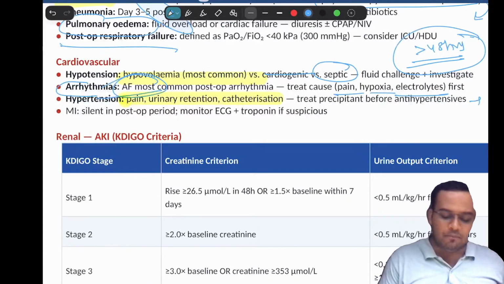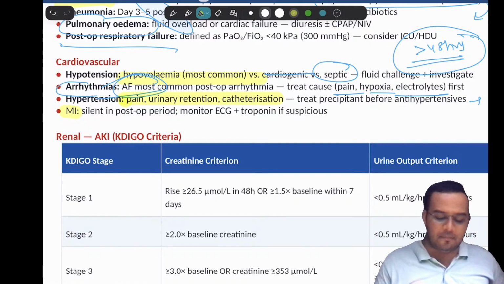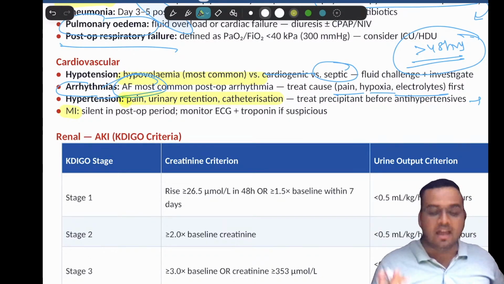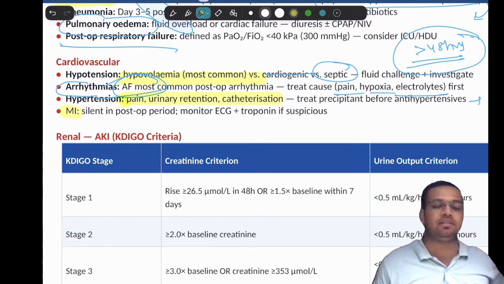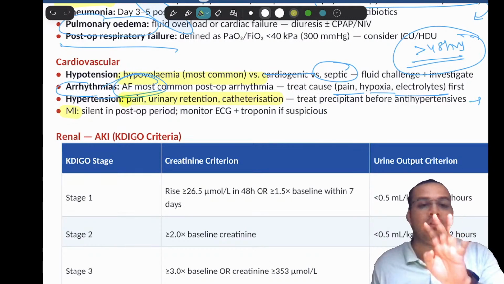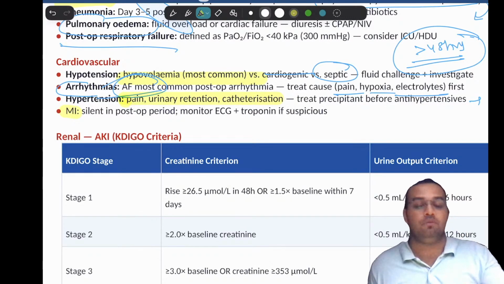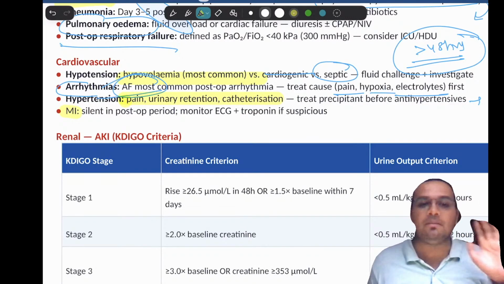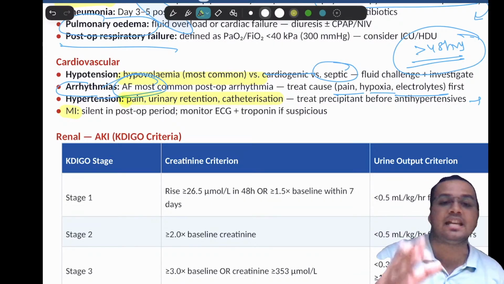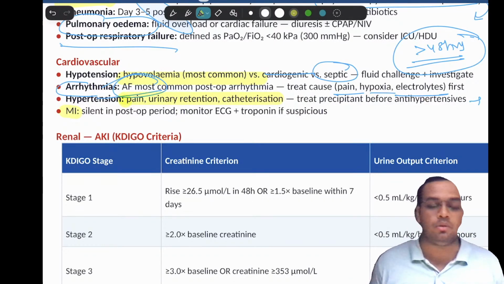MI: in most of the surgeries, there might be an MI in the post-operative period which goes unnoticed and the patient might pass away. So anytime if you feel that the patient is having chest pain, always go and get an ECG done. We already told you that a minimum of 4 metabolic equivalents are required. In a normal resting state, a body requires one metabolic equivalent, that is 3.5 ml per kg per minute of oxygen to a muscle cell.